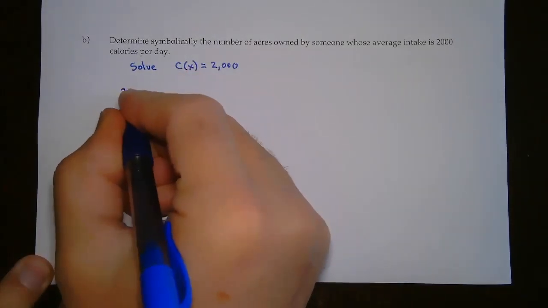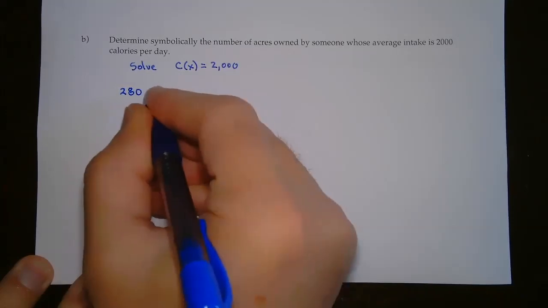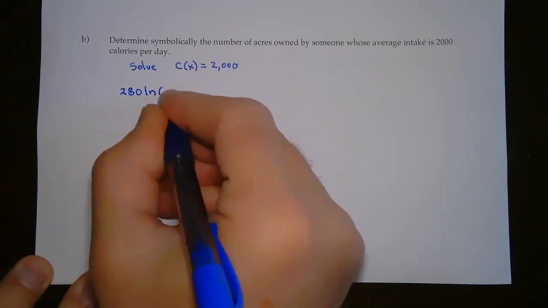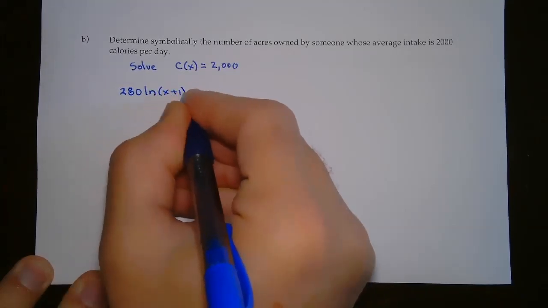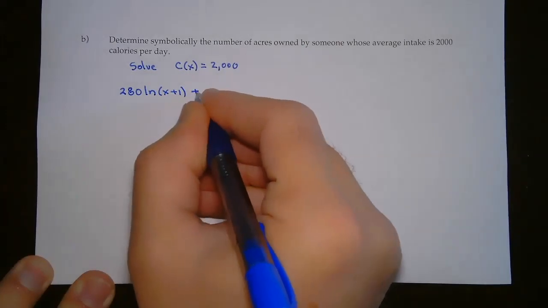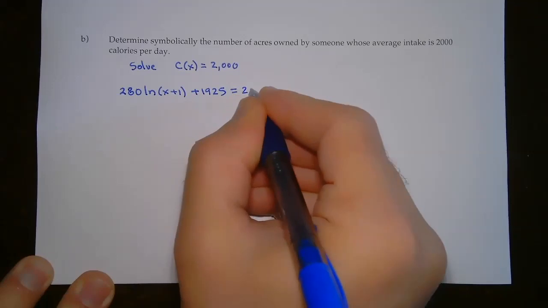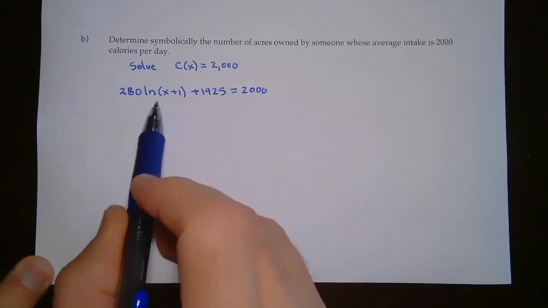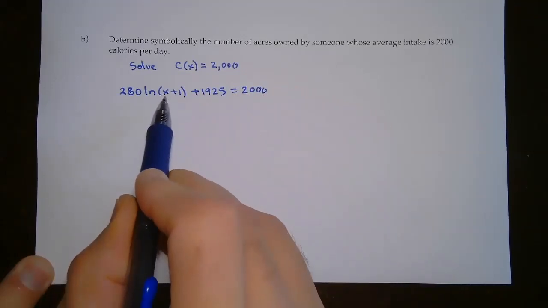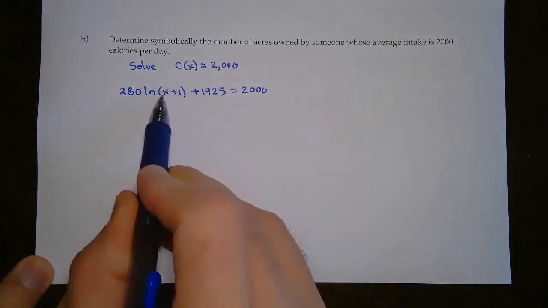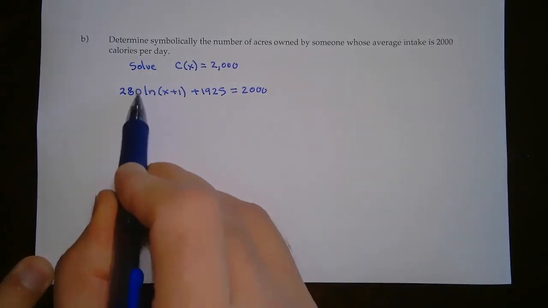So we know that 280, the natural log of X plus 1, plus 1925. And we know that's equal to 2,000, right? Because we were trying to solve this for this X right here. But to get to this x, I need to get x plus 1. But before I get to x plus 1, I got to get to the natural log.